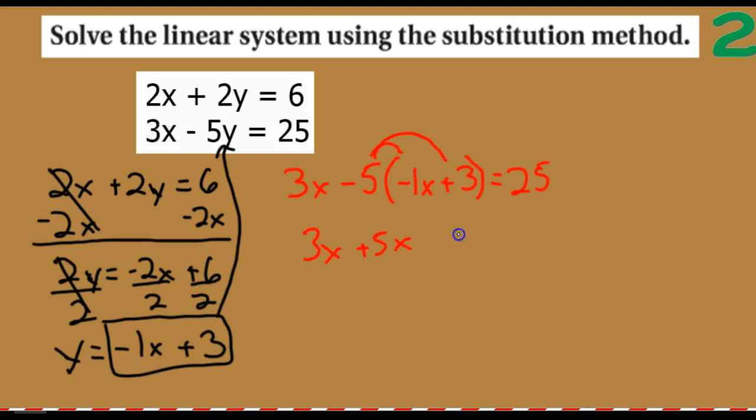Negative 5 times 3 gives us a negative 15. These two can be combined to make 8x minus 15 equals 25.